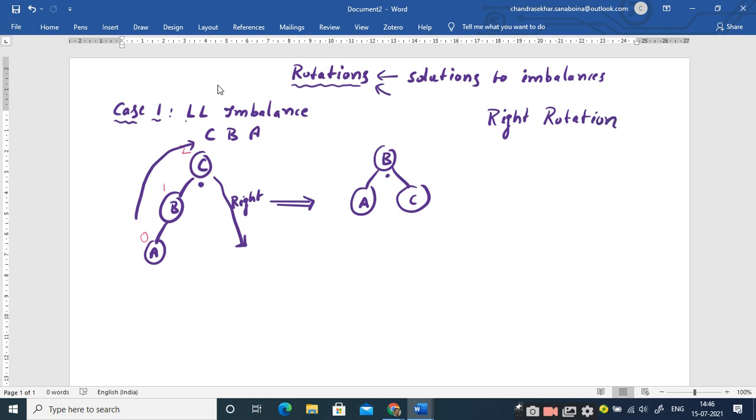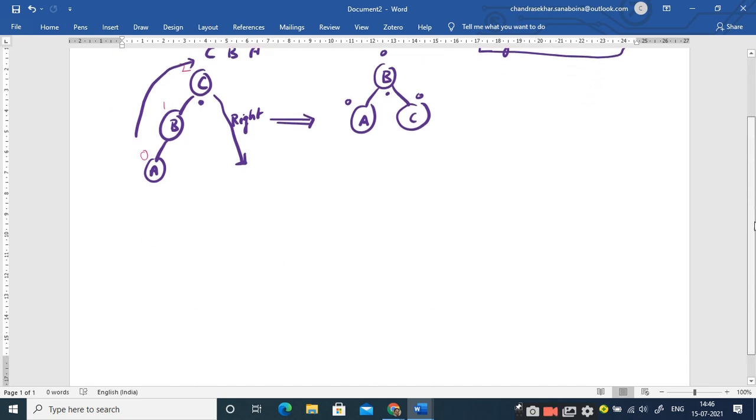Right. So if you have LL, left imbalance is there, you try to give the solution which is the right rotation. Try to rotate it in the right side direction. Then you will get a solution like this. What are the balance factors of A, B and C here? 0, 0, sir. Is it okay up to this point?